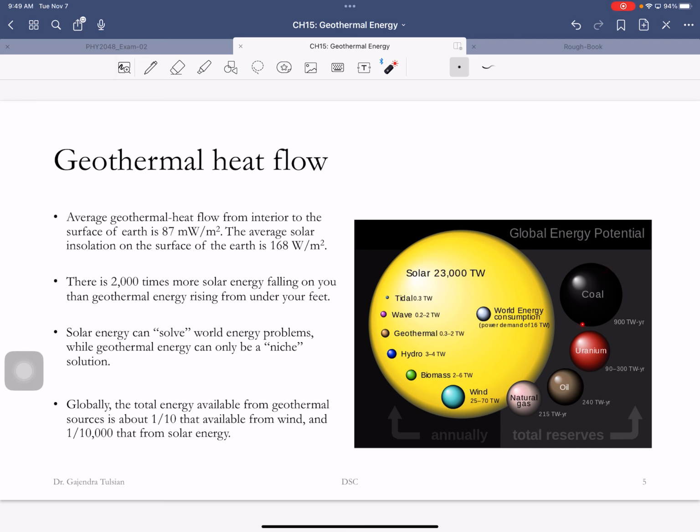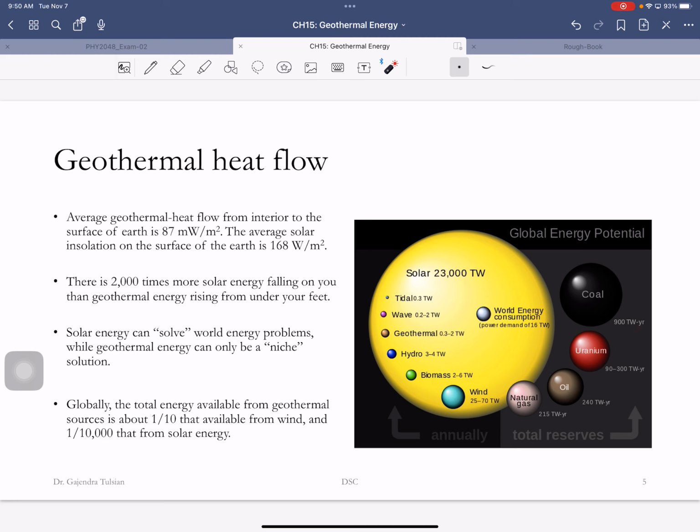So here is coal. I'll tell you what this number means. This is a very good diagram to remember. This is terawatt years. Let's say this is 15, and 90 divided by 15 is 6. So if you ran the world entirely on coal, you could run it for that many years.